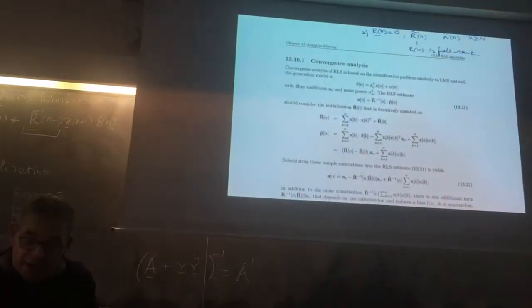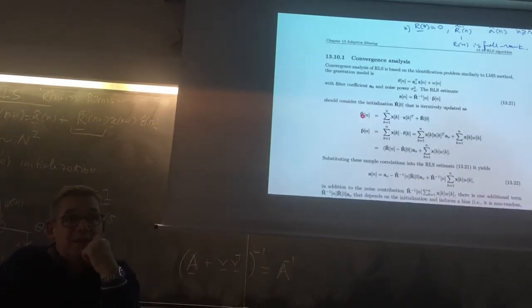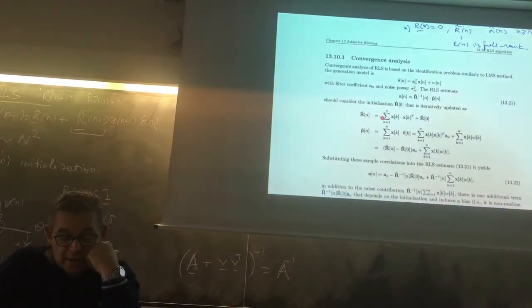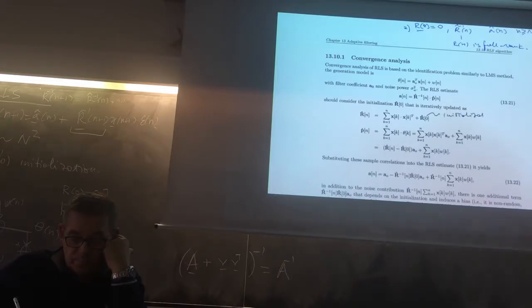So now I define the estimate of the correlation matrix with n iterations, for k going from 1 to n, plus R0, which is the initial condition. Then similarly, I have the cross correlation, which is xk and theta k.